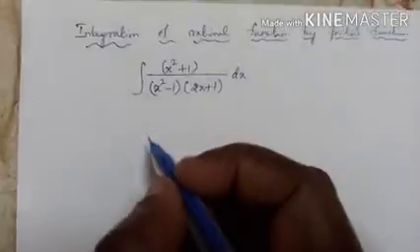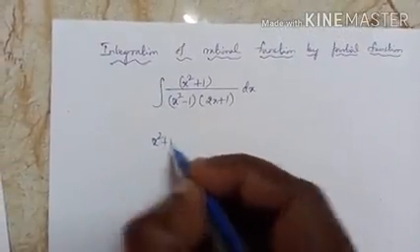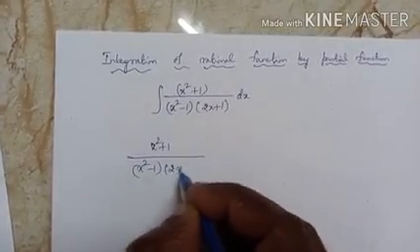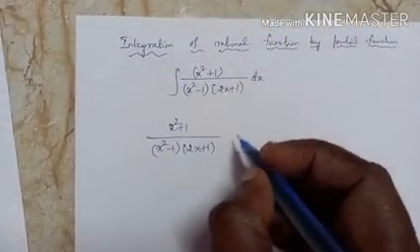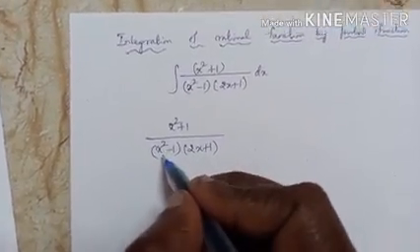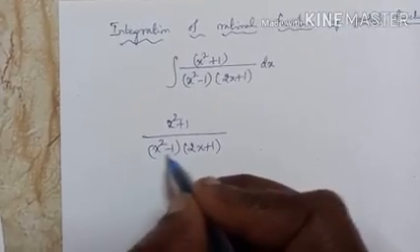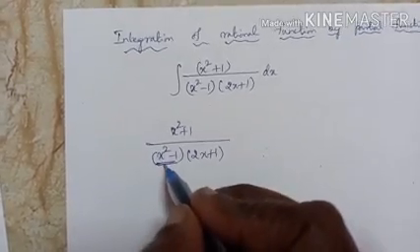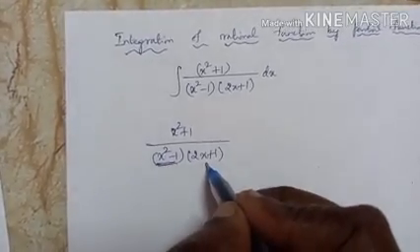So let us take this function, x square plus 1 by x square minus 1 into 2x plus 1. If you take this as it is, then you will treat it as quadratic, ax plus b by, plus c by.